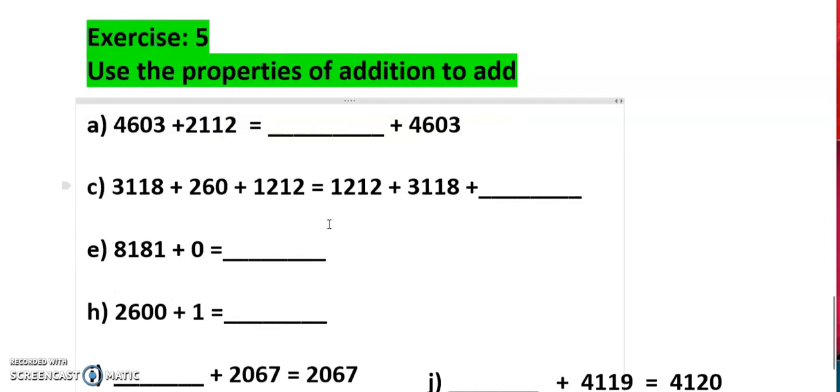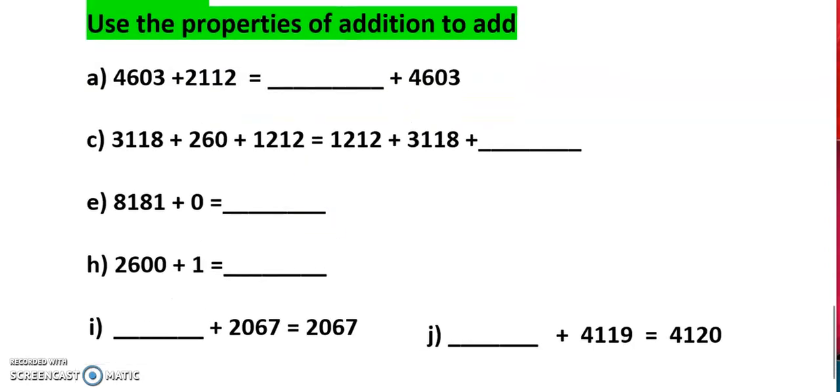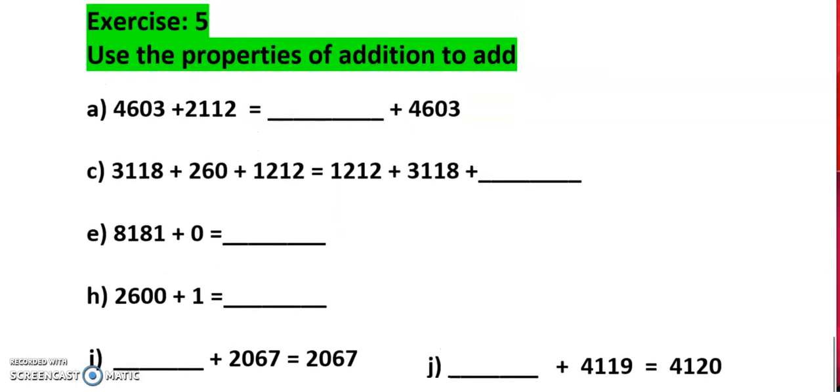Okay. Next one, exercise 5 we are going to see. Listen children. Exercise 5. Use the properties of addition to add. 4603 plus 2112 equal to dash plus 4603. See here, they have given a fill-up. So what you have to do here is notice which property they have used.